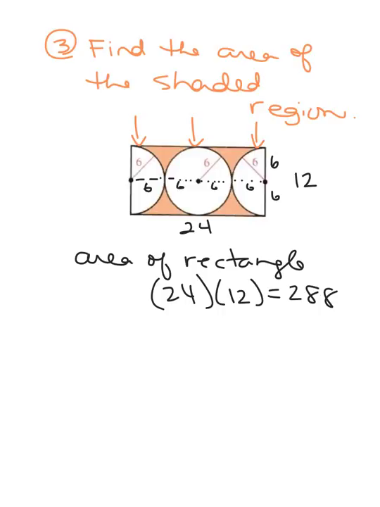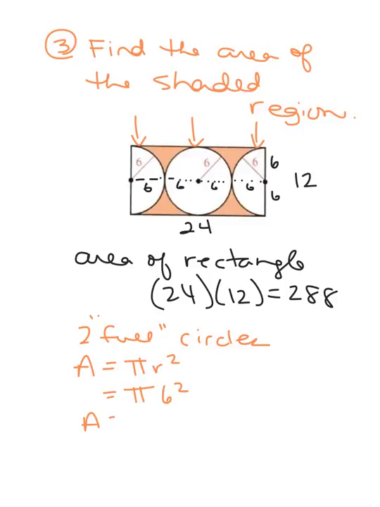So if I put them together, I have 2 "full" circles. If I find my area of that, area is equal to, remember, pi r squared. So I have pi, my radius is 6, so the area of one circle is 36 pi. If I multiply that by 2, the area of both circles is 72 pi.